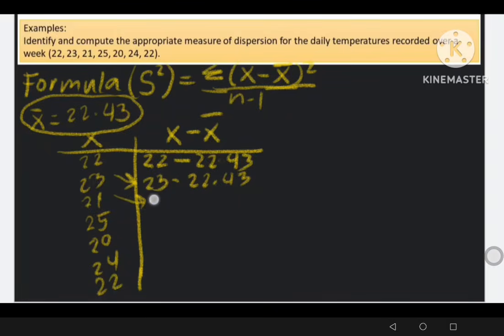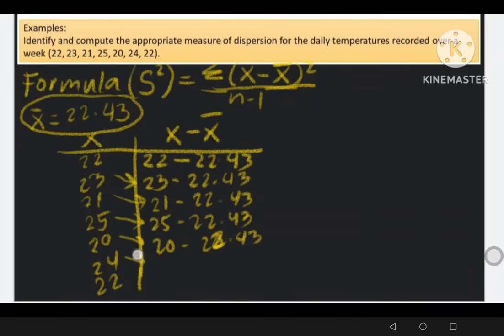And then our 21 data, 21 minus 22.43, the same process. 25 minus 22.43, same process, 20 minus 22.43, and then 24 minus 22.43, and then 22 minus 22.43.